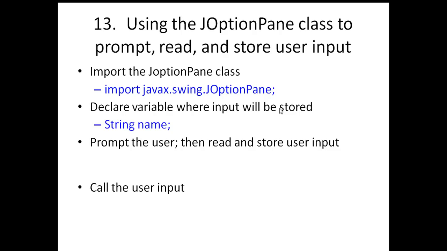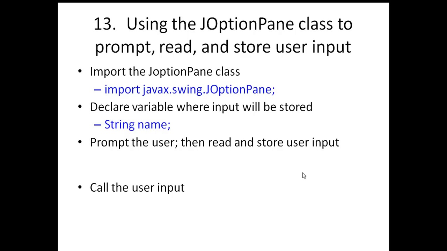We are going to declare a variable where the input will be stored, just like we did with the Scanner class. You still have to have a place to store the user input, so that does not change. So here's an example. We've declared a variable whose name is name, and it's a string.